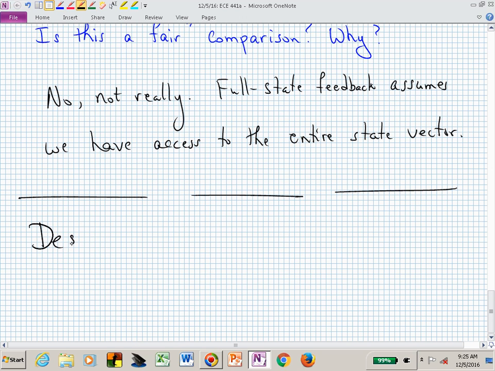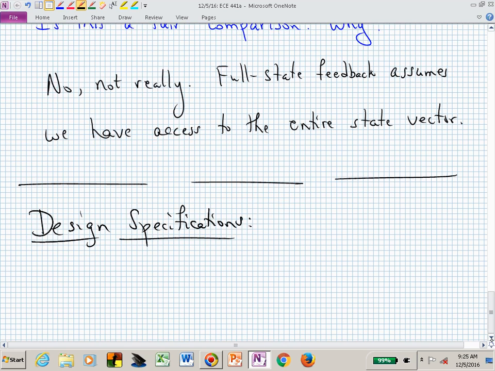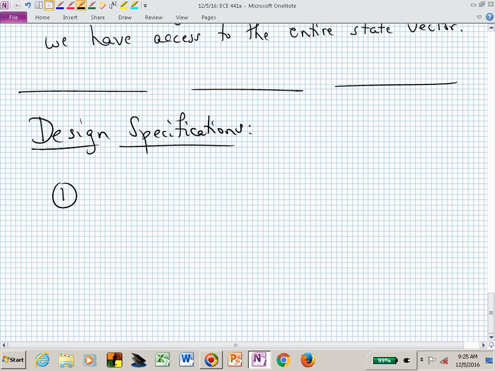Suppose that we now have our design specifications as follows. Maybe somebody says, let's have a steady state error due to a unit step equals 0.